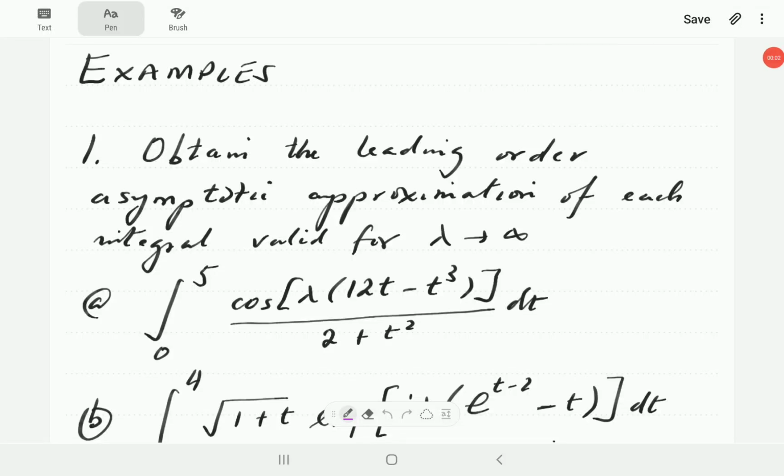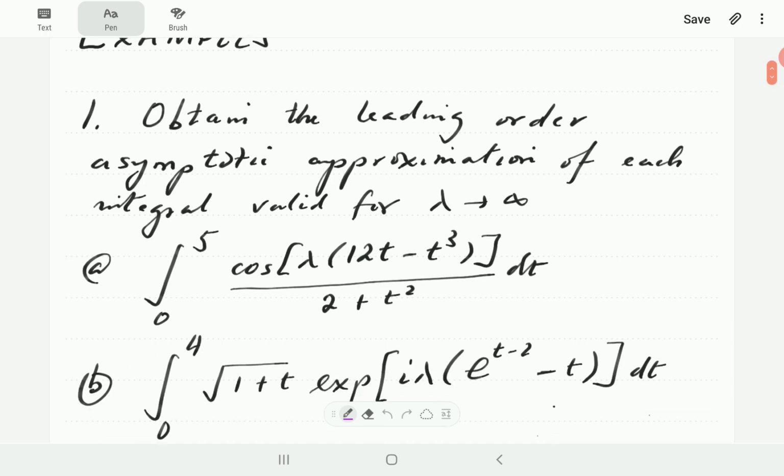In this video, we're going to look at some examples that demonstrate the application of the stationary phase method. So we've got these two integrals here for which we are going to want to derive the leading order expression of approximating these integrals as lambda goes to infinity.